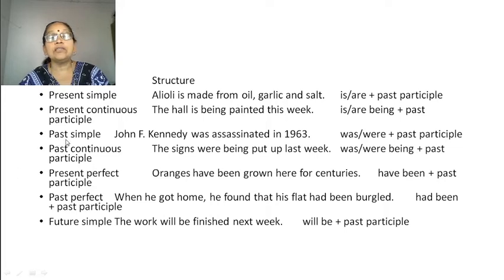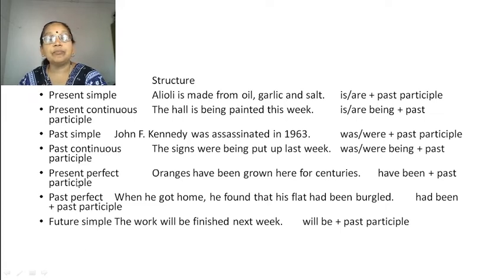In simple past: John Kennedy was assassinated in 1963. How is the structure? Was or were plus past participle. Past continuous: the signs were being put up last week. Was or were being plus past participle.